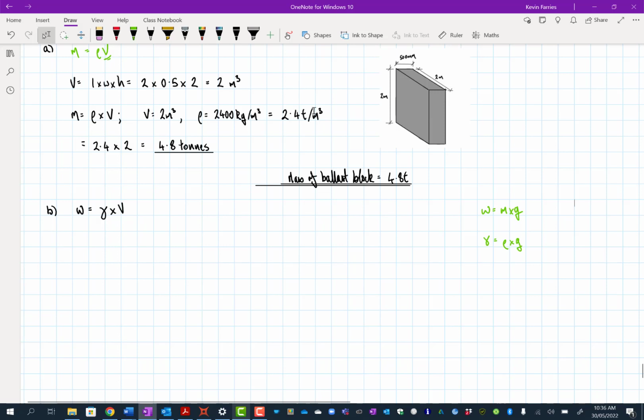If we're working with approximate answers, we can say gravity is about 10. So unit weight is approximately 2.4 tons per meter cubed times 10, so it's going to be 24 kilonewtons per meter cubed.